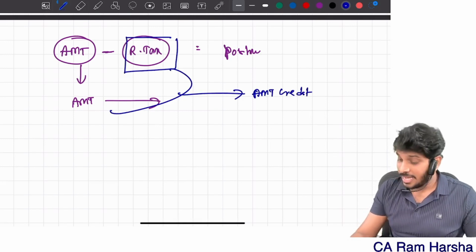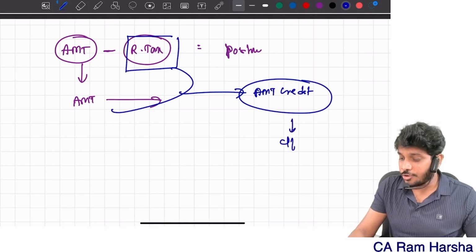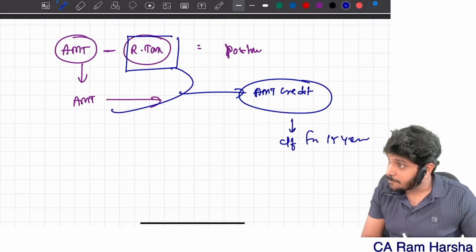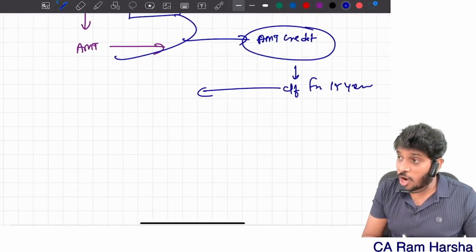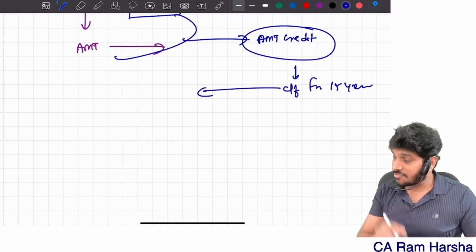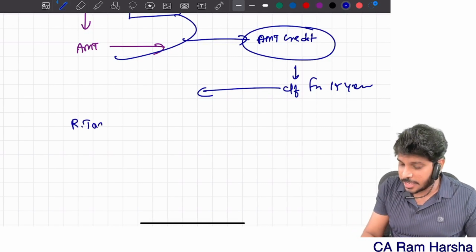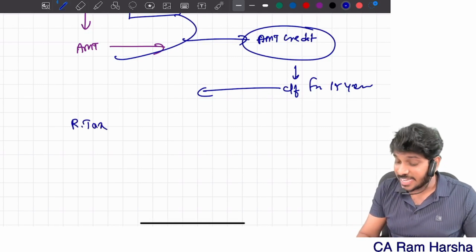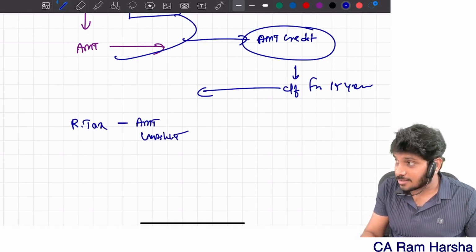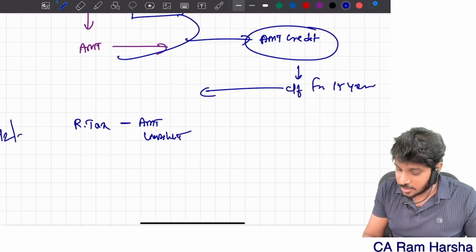Very good. AMT credit, what can you do? You can carry forward for 15 years. Against what can you set off? AMT credit you can set off against regular income tax in the next year, exceeding AMT liability in that year. In the second year, third year, like that.